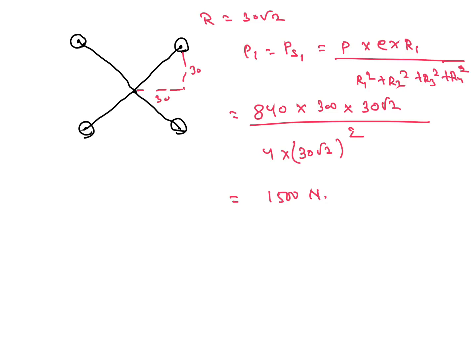You have to solve like this. Maybe calculation is wrong. R1, R2, R3, then R4. Primary shear load will act like this. Point 1, 2, third and fourth. Eccentric load is acting clockwise, so secondary will act counterclockwise, perpendicular to this line.